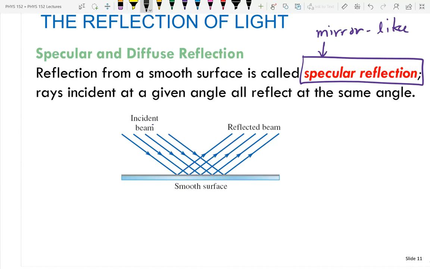A normal to the surface. So there I drew a line that's normal to the surface. What's the difference in the words normal and perpendicular?